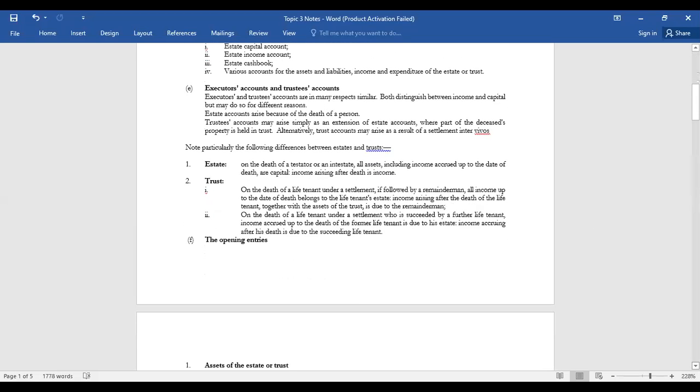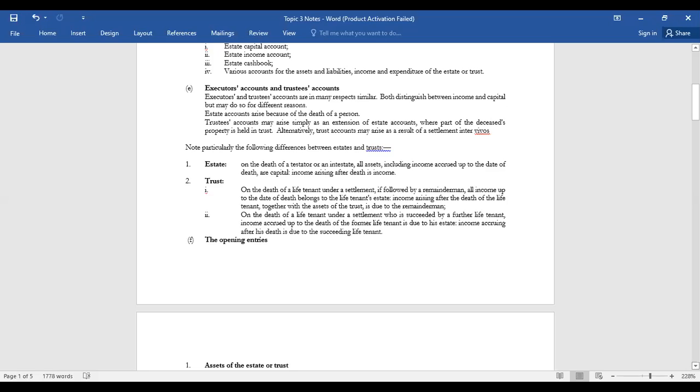Now, part E, executors accounts and trust accounts. There's a very thin line between an executor and a trustee. We say that the trustee will be holding the brief for the testator when they are still alive.